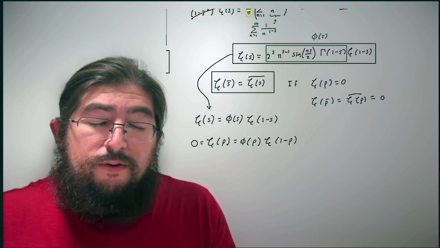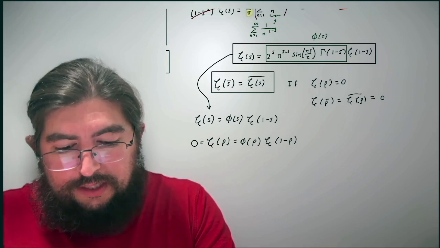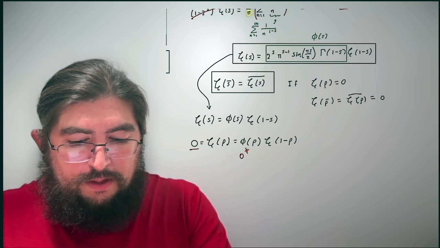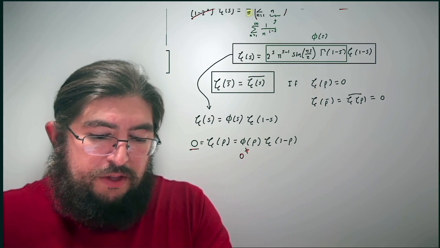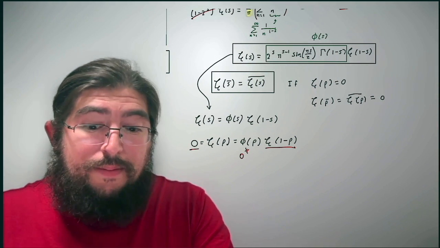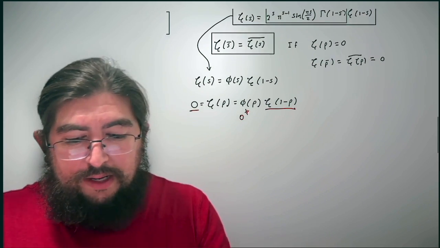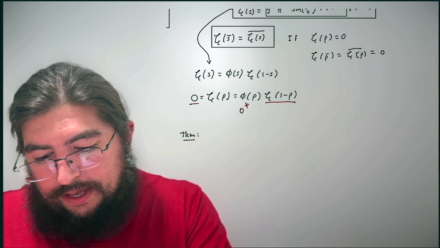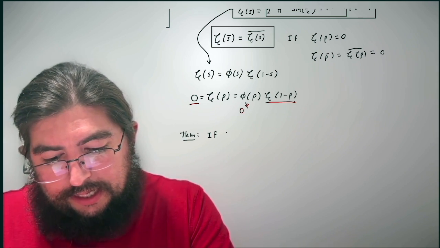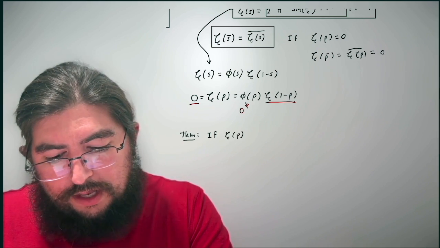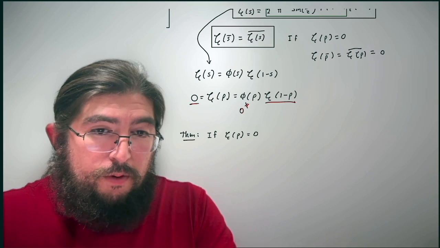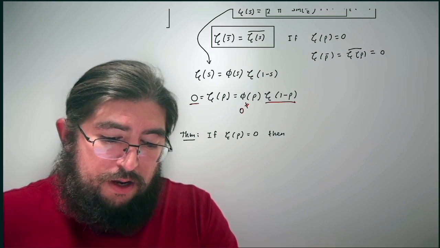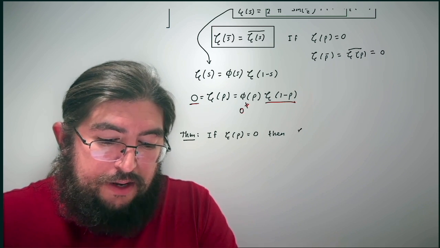Then phi of rho is non-zero. So because this is non-zero, guess what? You have 0 equal to a non-zero thing multiplied by this, which means that this must be 0. So in fact, there's a really nice theorem that we end up getting here, and it says the following: if zeta of some number rho is 0, then we actually have an additional three zeros automatically known.